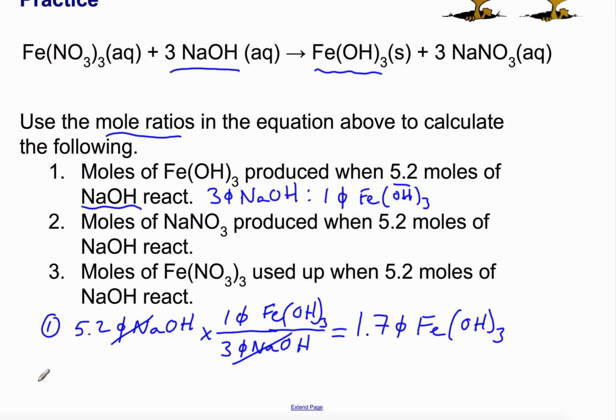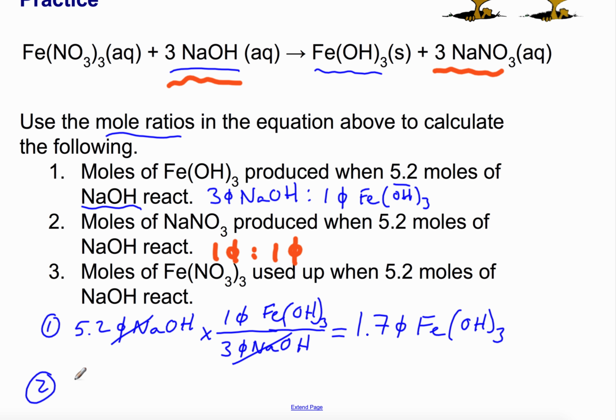Now for part 2, I'm going to go back and identify my mole ratio. I want to know the moles of NaNO3 produced when 5.2 moles of NaOH react. Let's switch colors real quick. So this is a 3-to-3 ratio. Well, 3 to 3 is really just 1 mole to 1 mole, so this becomes pretty easy.